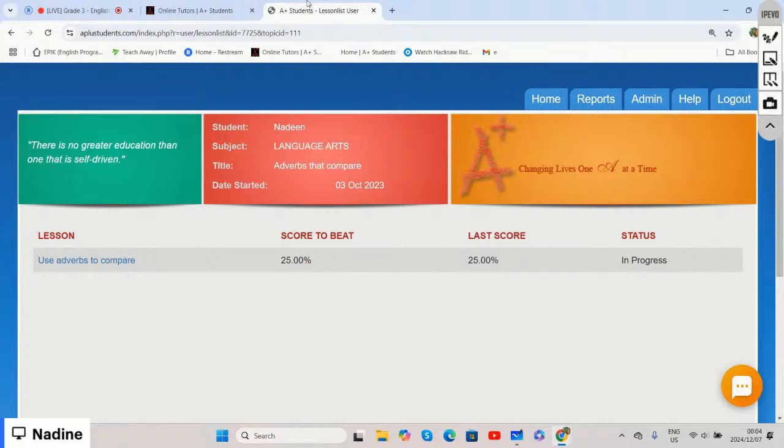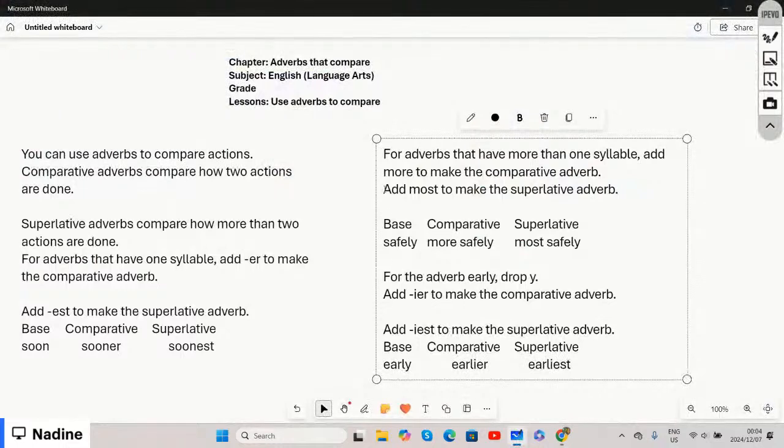All right, so our chapter is adverbs that compare. Our subject is English language arts. We're doing grade 3.